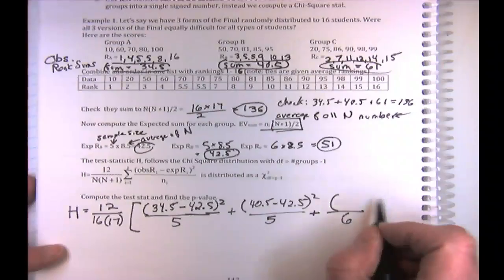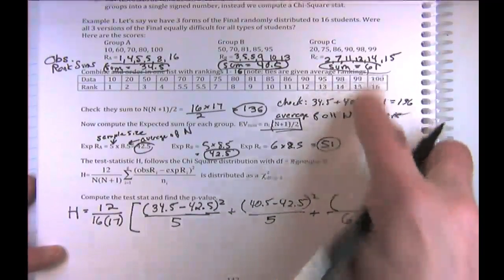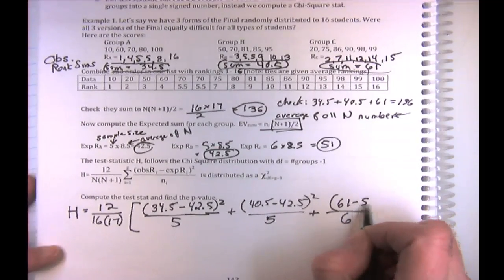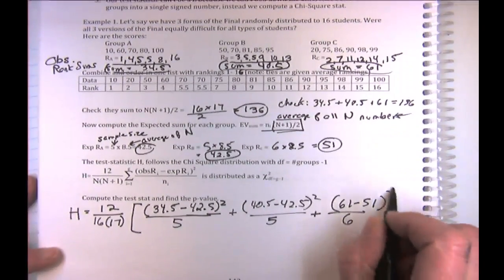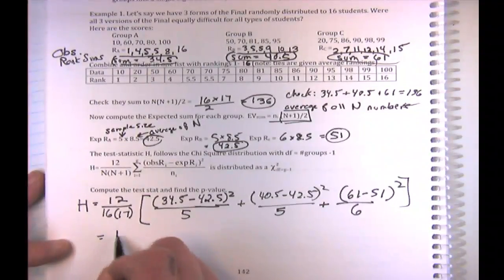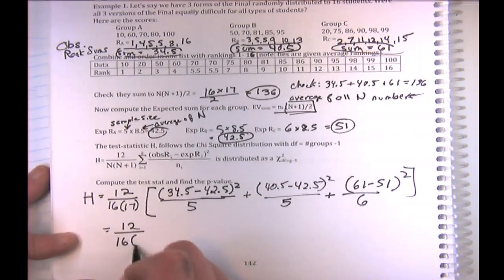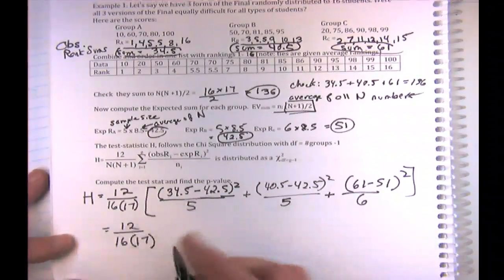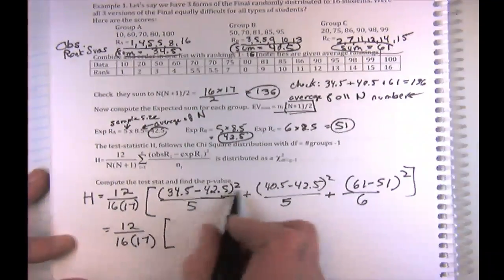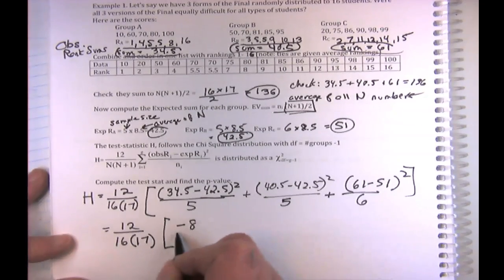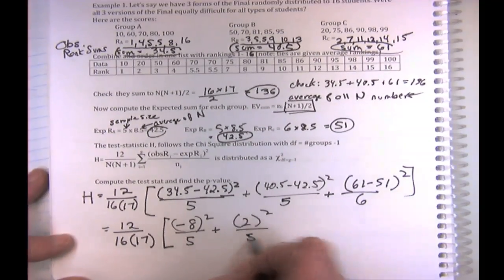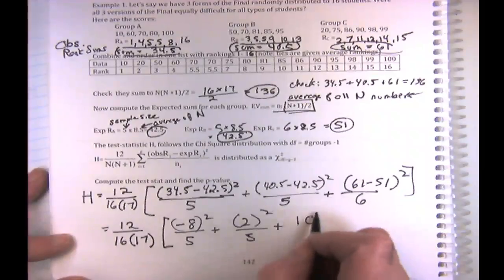And the difference here is 61 minus 51, observed minus expected. So that works out. I'm going to write that over for you so you don't forget: the sum of the deviations before you square them is always 0. So here we have negative 8, and we square it. Here we have 2, and we square it. And here we have 10, and we square it.